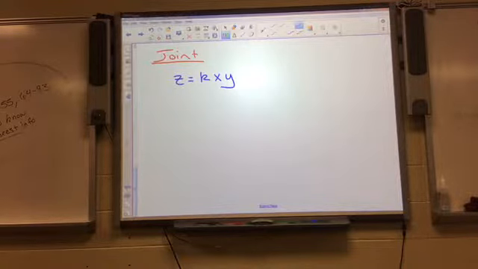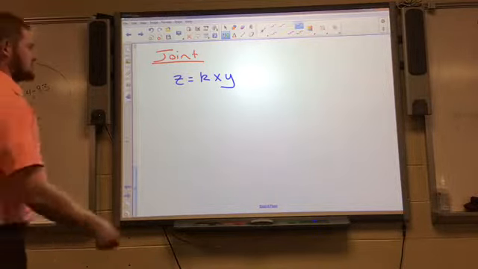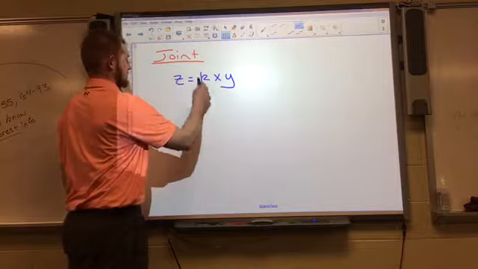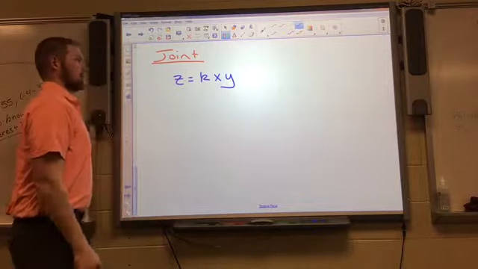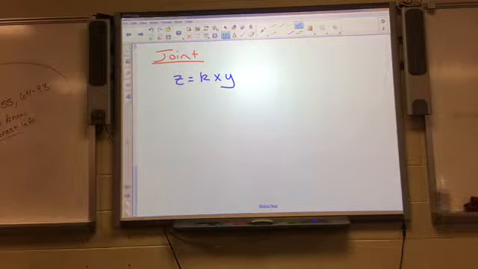Okay, this is said that z varies jointly with x and y. So I've had people in the past say it's almost like a double direct variation. Kind of. Okay, z equals kx and z equals ky. Okay, not exactly, but you can kind of think of it that way if you would like to. It's all multiplication here. Okay, there's no division.